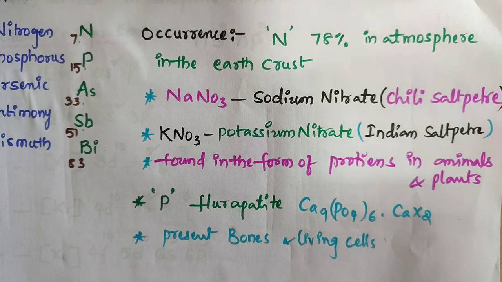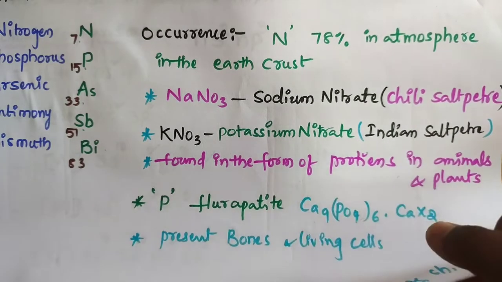It is also present in bones, living cells, milk and egg. Arsenic, antimony and bismuth are found mainly in sulfide minerals. So these are the occurrences of the 15th group elements, or nitrogen family.